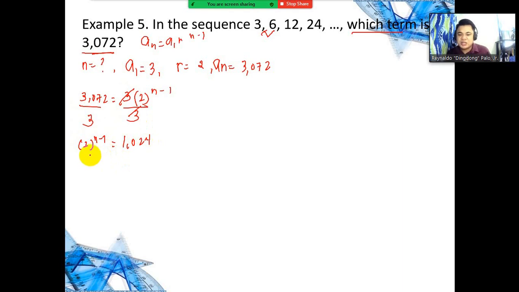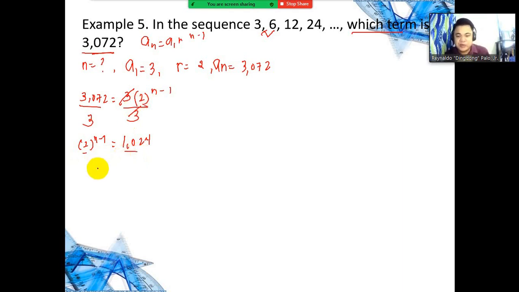And then, okay, we cannot easily simplify this because this one is what we call an exponential equation. Now, in an exponential equation, we can just simplify the exponents if and only if the bases are the same. In this case, this is 2, that's the lower base, and then this one is the higher base, which is 1024. All we need to do here is to make the two bases similar. So it means we will be making 1024 into base 2. How?